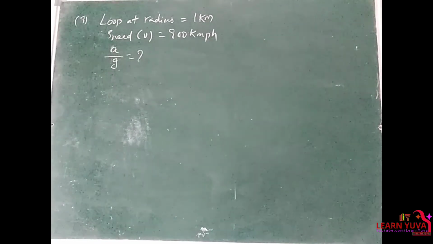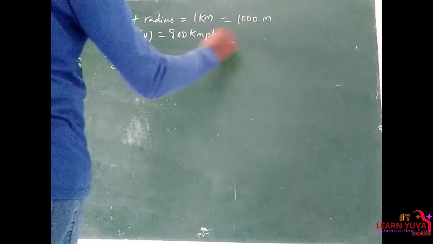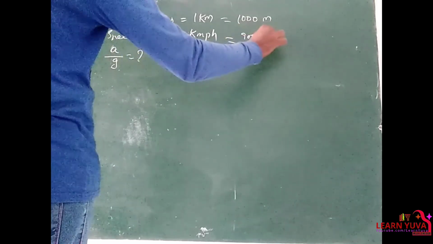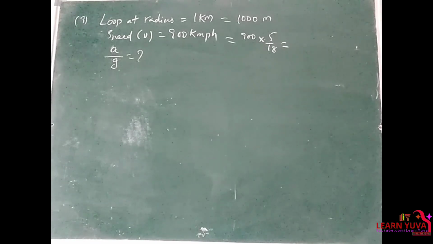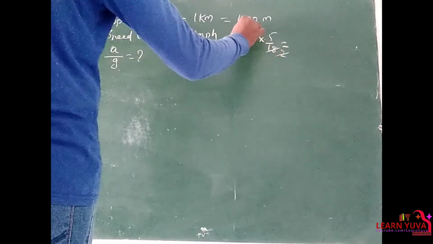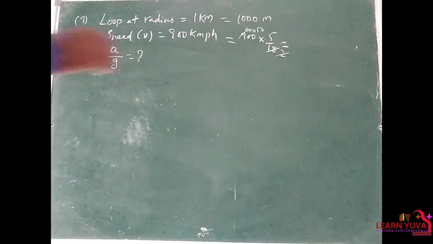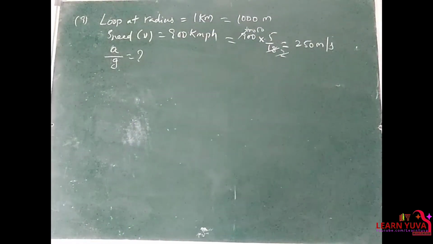So convert kilometers to meters, 1000 meters. 900 kilometers per hour into 5 by 18. If you cancel that, we got 250 meters per second. Clear?